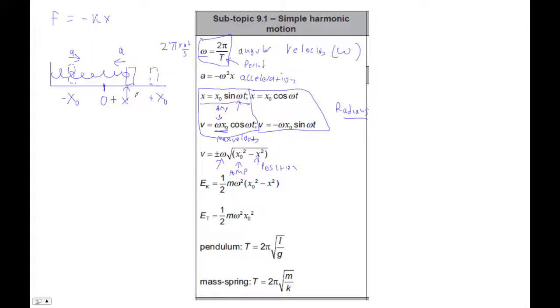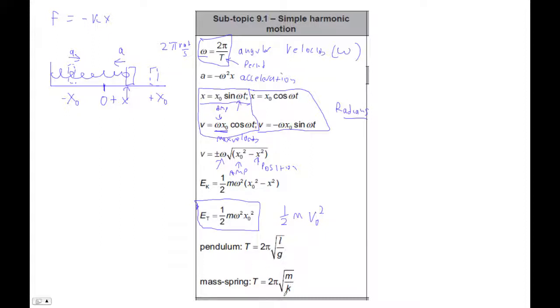And then this is our total energy of our system, which is interesting, right? We've got to have the mass there, and then notice that this is really just 1/2. Omega x naught is the maximum velocity, so really it's 1/2 m times the maximum velocity squared, right? Okay.